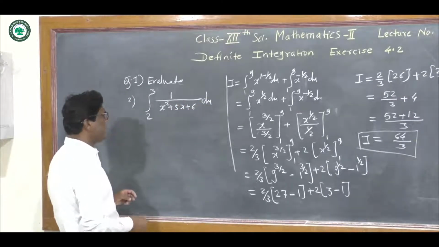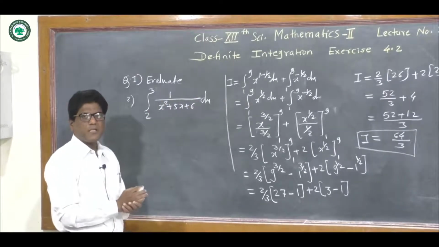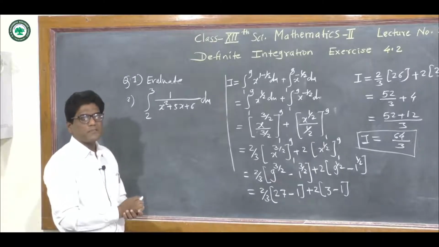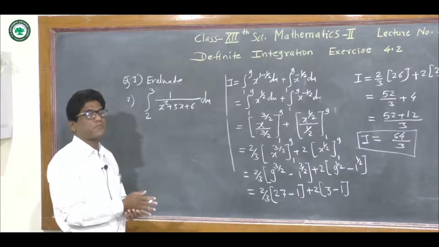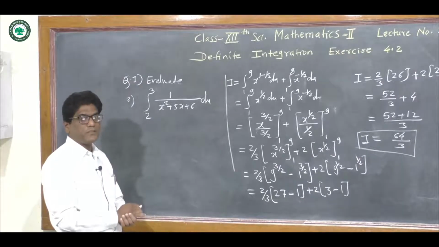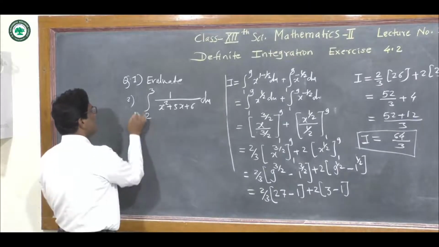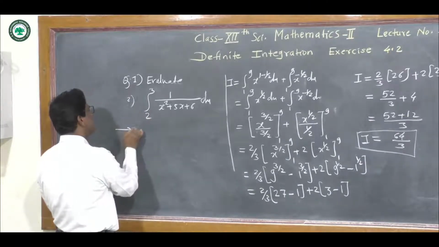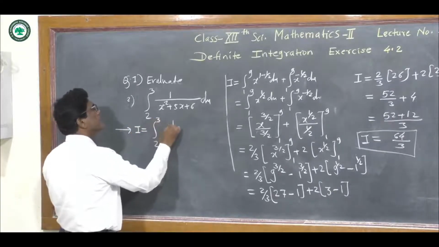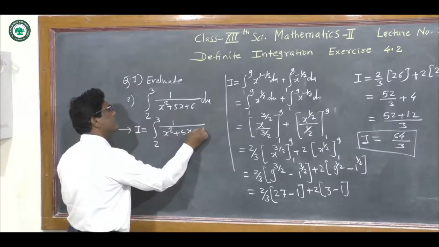Now we have to identify this problem. This problem is of the type 1 upon ax square plus bx plus c, and we know how to solve it. Firstly, we make the coefficient of x square as 1, then we complete the square, and then we use the standard formula. So here firstly call this as I. Let I is equal to integration from 2 to 3, 1 upon x square plus 5x plus 6 dx.